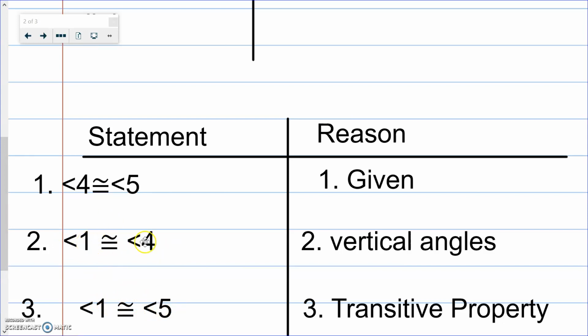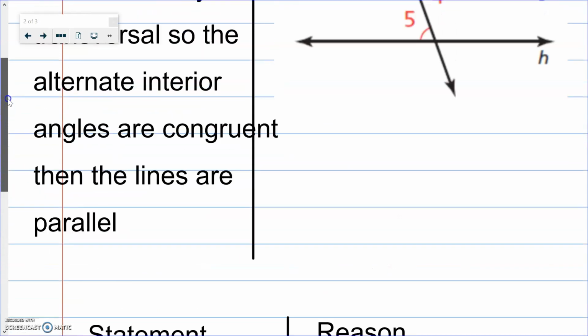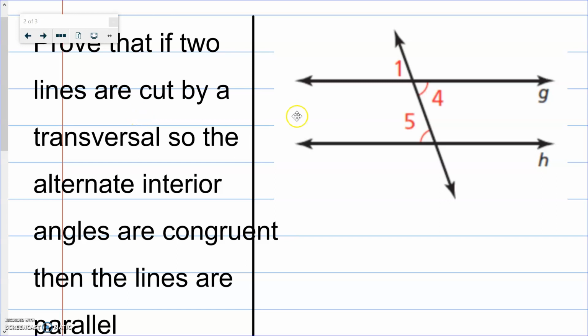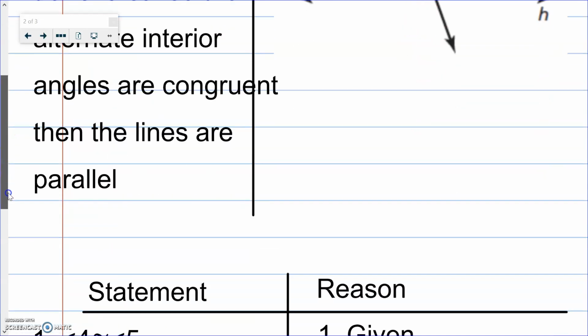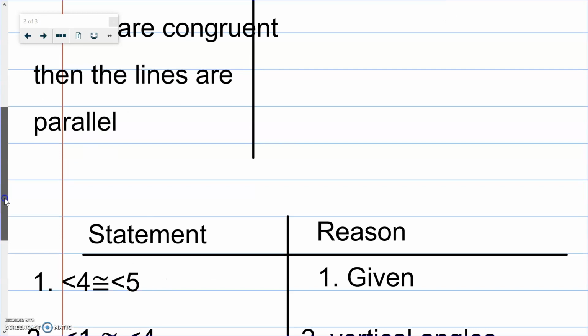Angle 1 is congruent to angle 4. Angle 4 is congruent to angle 5. We can drop the angle 4 and say that angle 1 is congruent to angle 5 because of the transitive property. And so now we know that angle 1 and angle 5 are congruent, and those are corresponding angles.